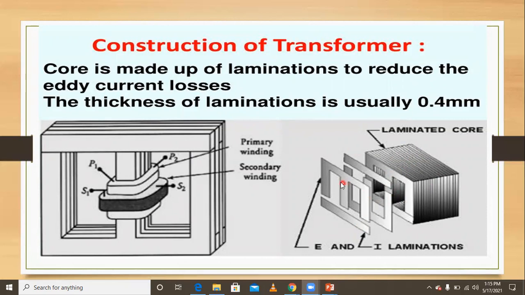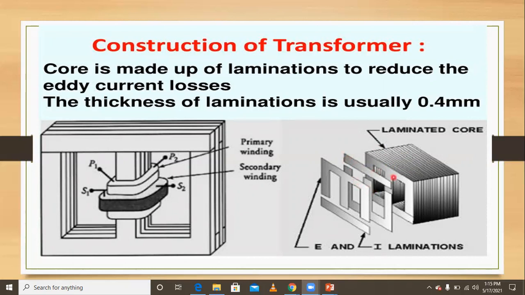This is called E-type, and this is called I-type. Sometimes L-type shape, E-type shape, I-type shape. By placing all these strips, the transformer core can be made. Like this the transformer is designed, and by placing it like this, the eddy current losses can be minimized.